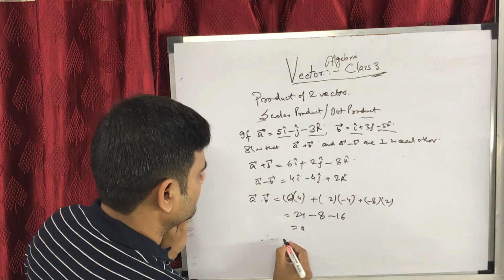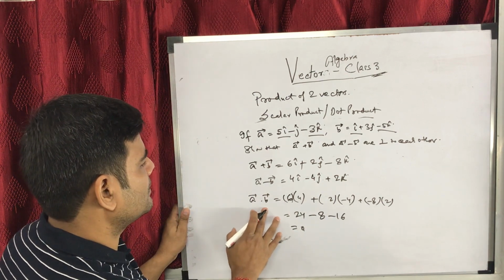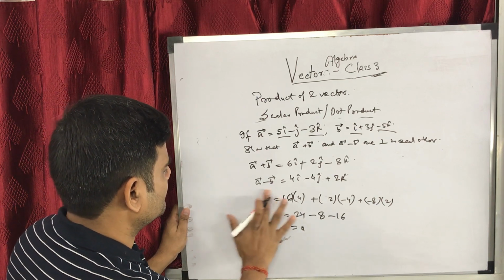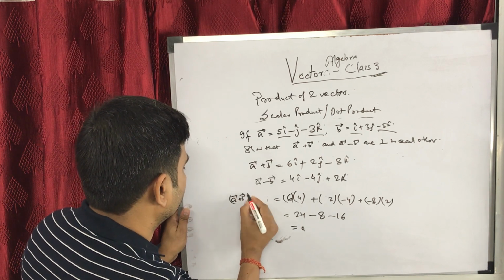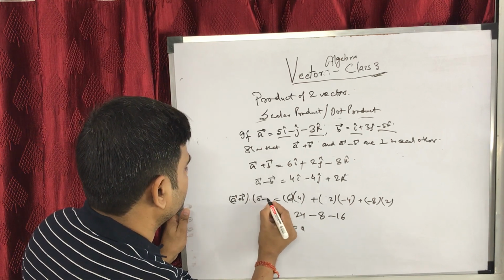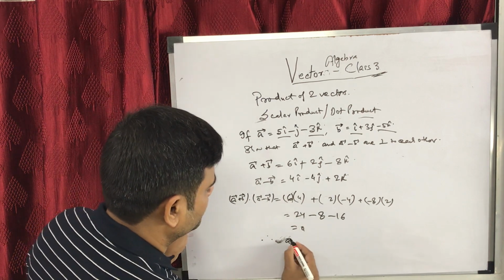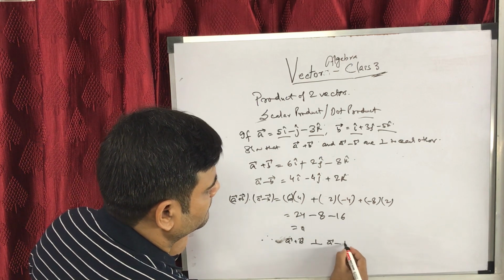This is not A dot B, sorry, I have written A dot B, no, this is A plus B dot A minus B. So therefore A plus B is perpendicular to A minus B.